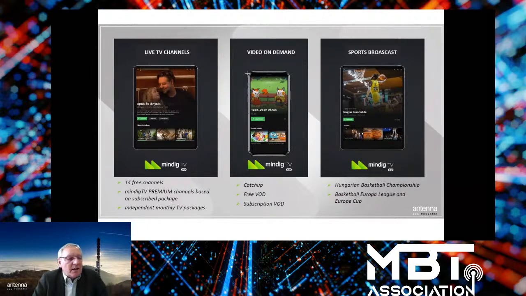This service is available on the web, on mobile phones, on tablets, but we also have applications for Samsung and LG TVs, which are the two most popular brands, at least in Hungary. And this OTT service is also available on the set-top boxes because we give hybrid set-top boxes to the viewers.